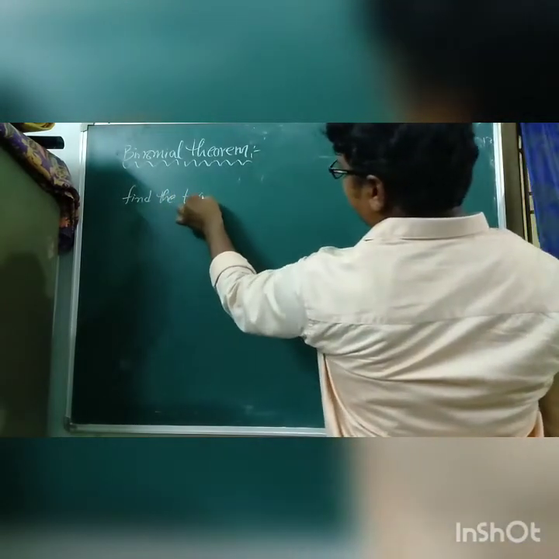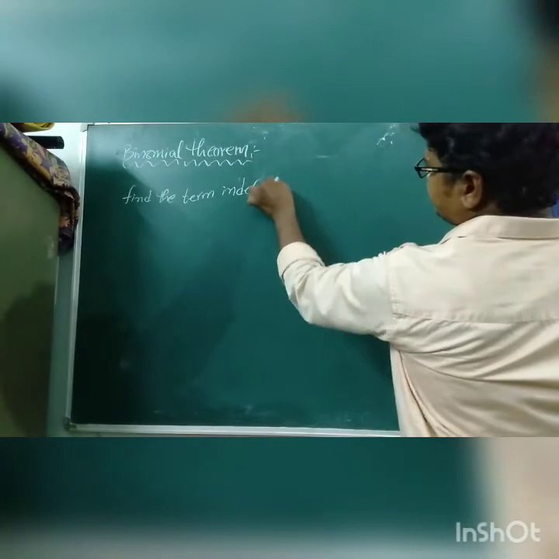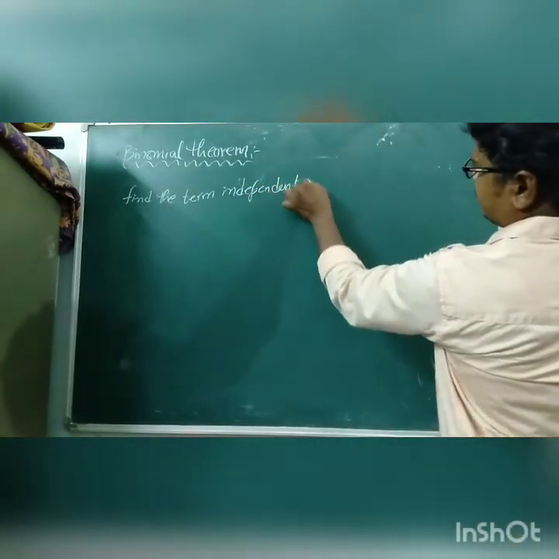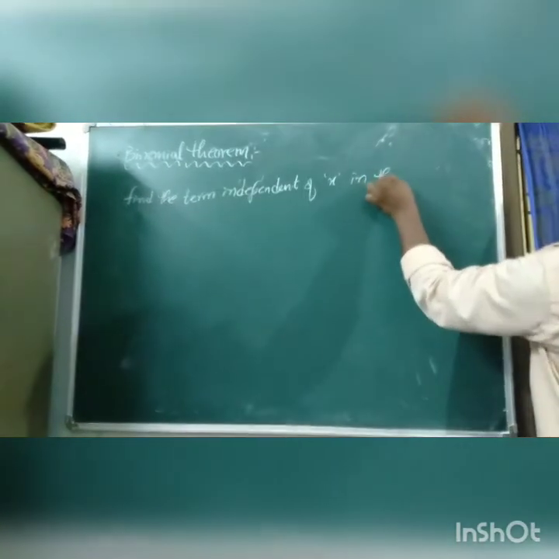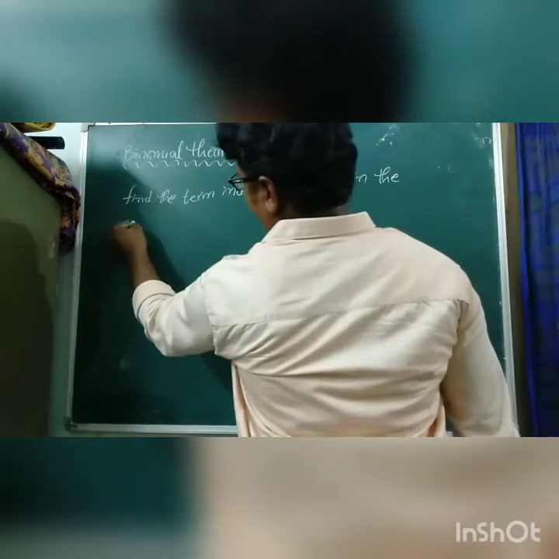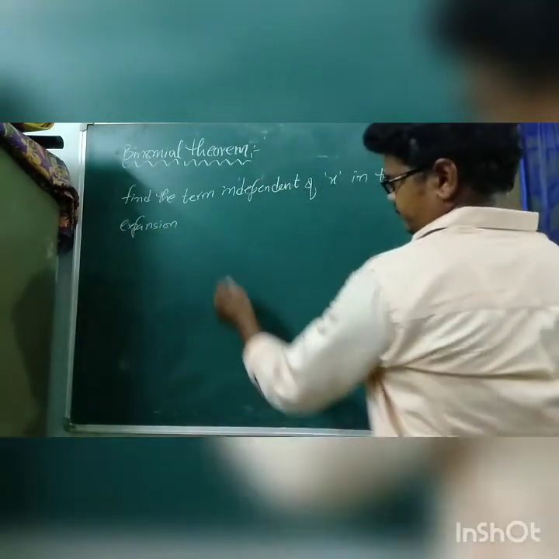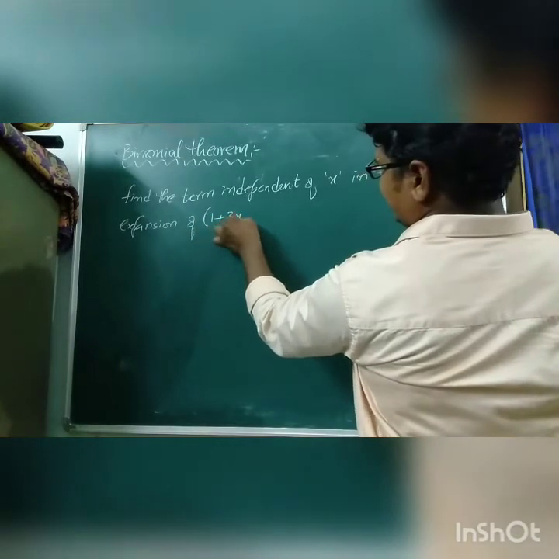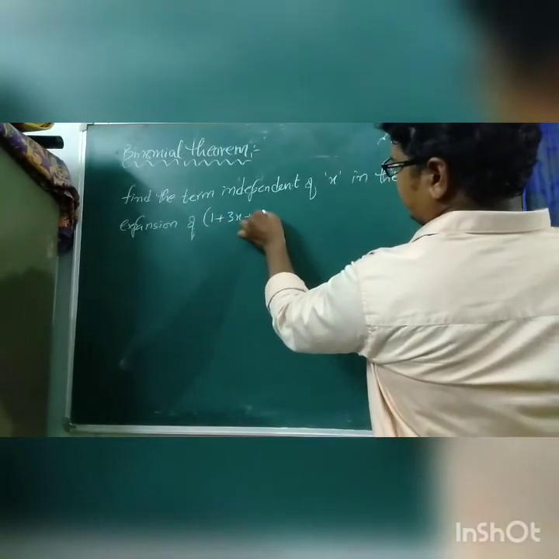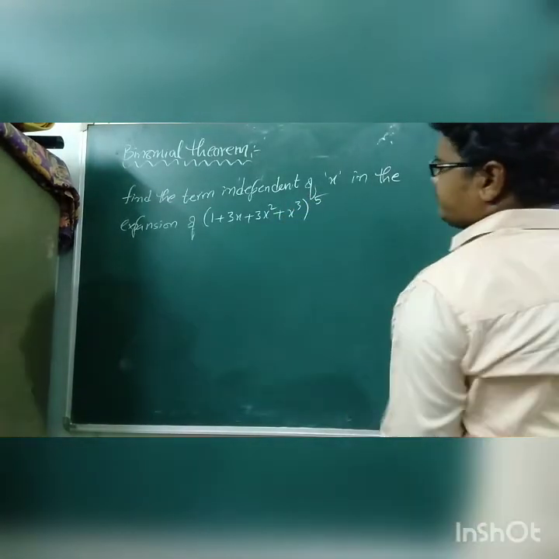Find the term independent of x in the expansion of (1 plus 3x plus 3x square plus x cube) whole power 5.